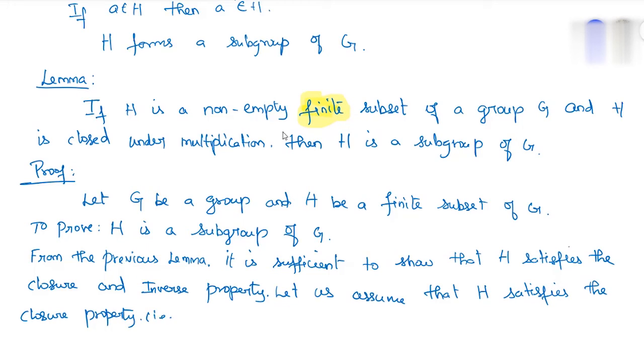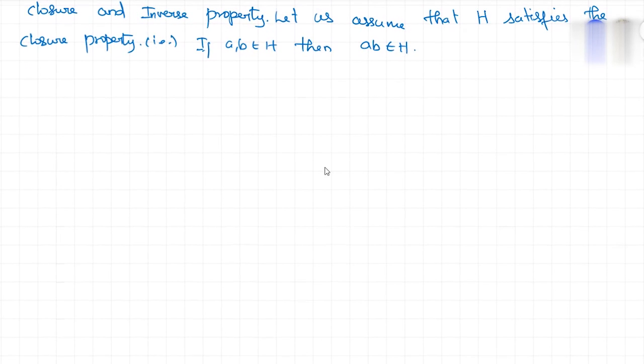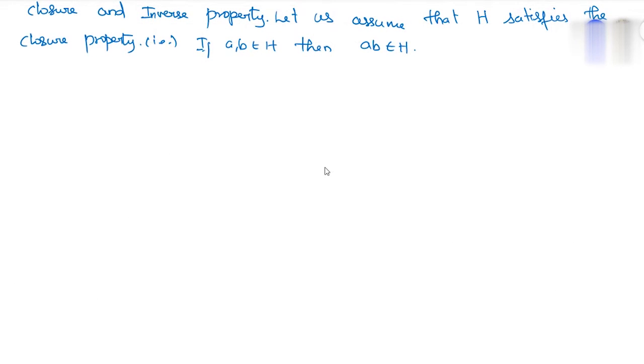That is, if a, b belongs to H, then ab belongs to H. This is what we need to assume. Then we need to prove that the inverse property exists. It is sufficient.